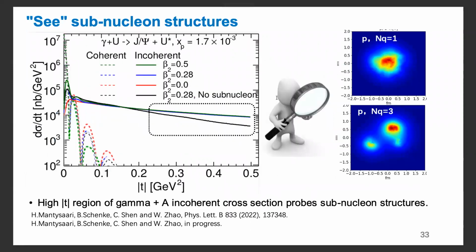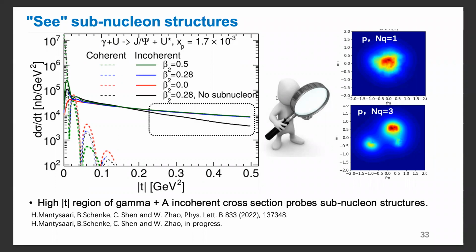And also, in the previous slides, we mainly focused on the low T regions. If we go to the higher T regions, the above three lines have different beta 2, but all have the subnuclear fluctuations. The last line, the black line here, with beta 2 of 0.02, does not include the subnuclear structures.